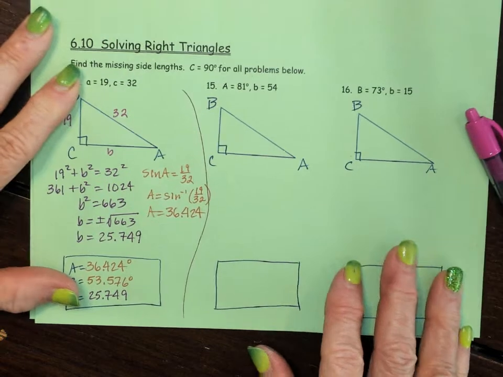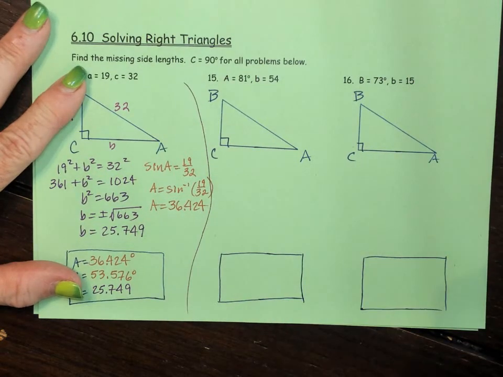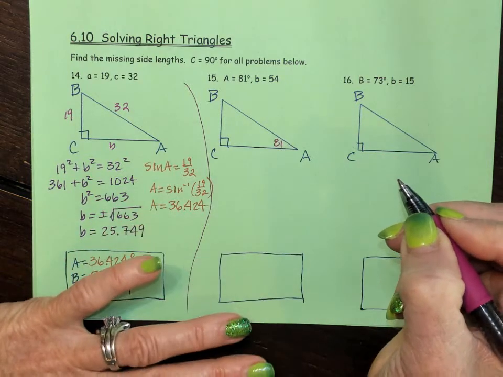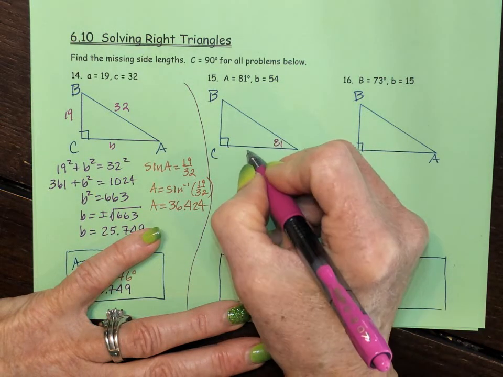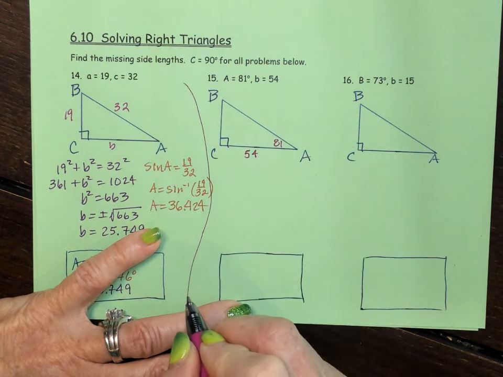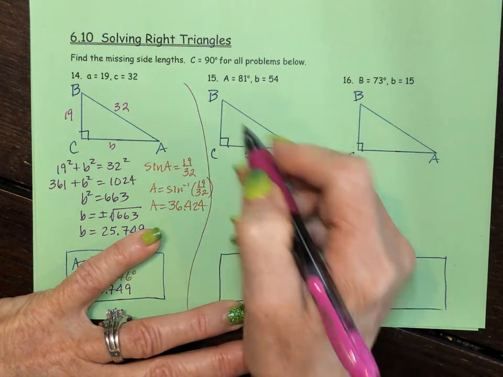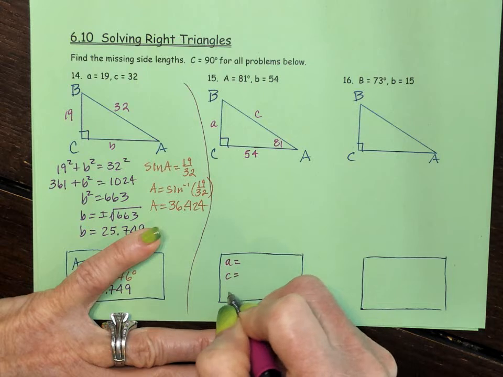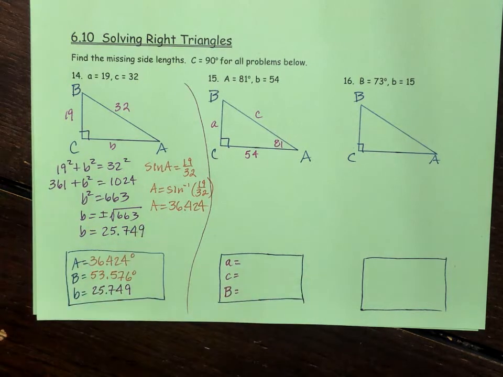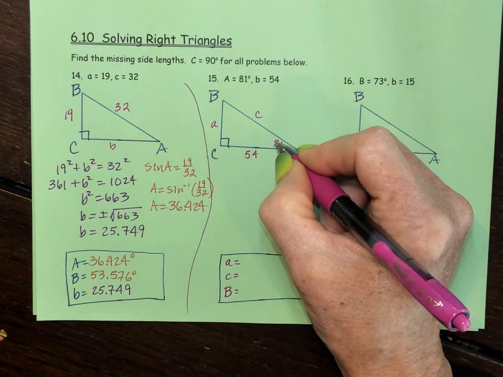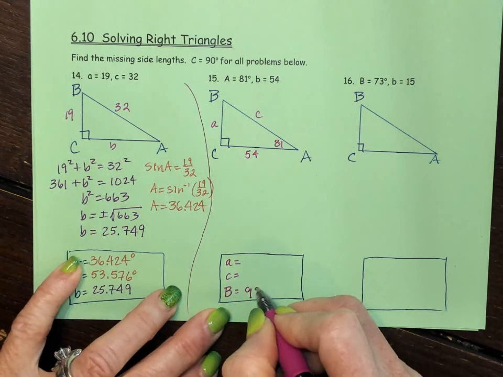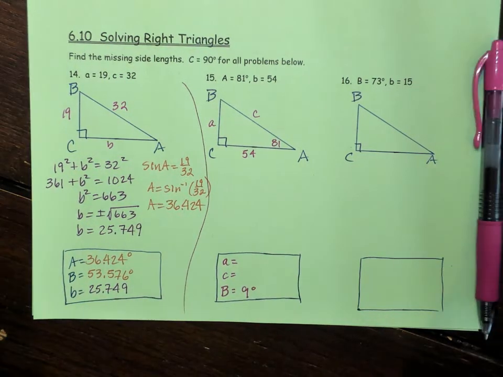Okay, number 15. Angle A is 81. Side B is 54. We will need to find side A, side C, and angle B. Angle B we can get quickly. That's 90 minus 81, or 9. Now finding the other pieces.